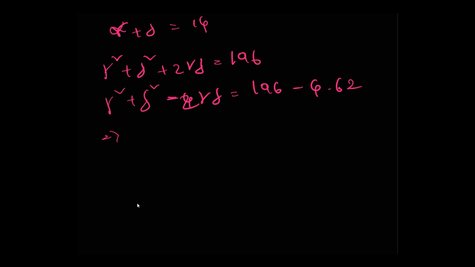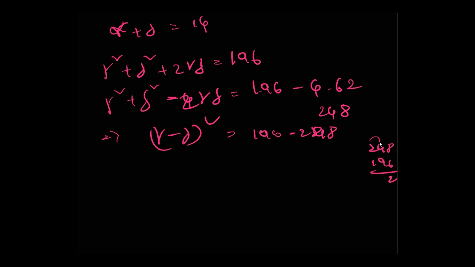That means gamma minus delta whole square equals 196 minus 248, which is minus 52. Therefore gamma and delta will be imaginary.